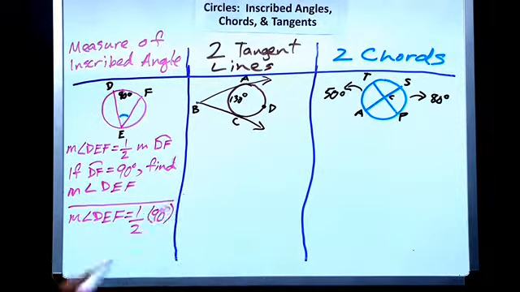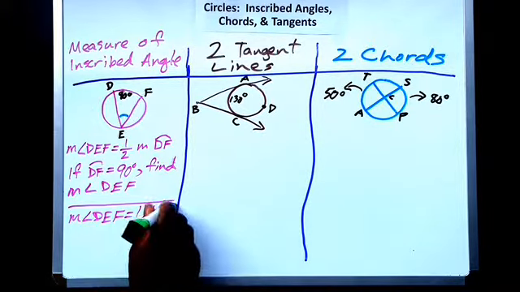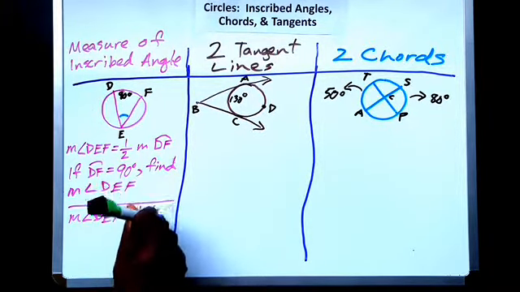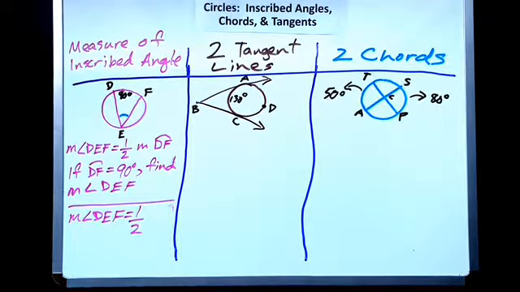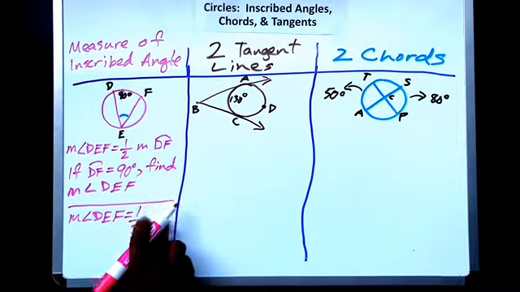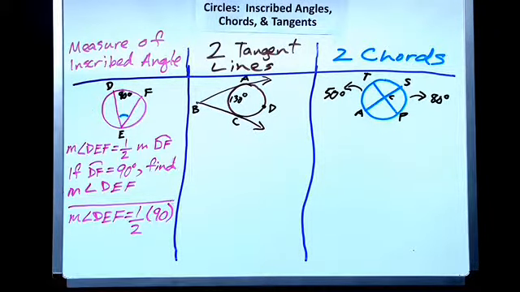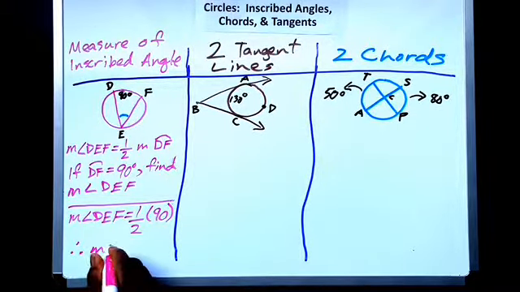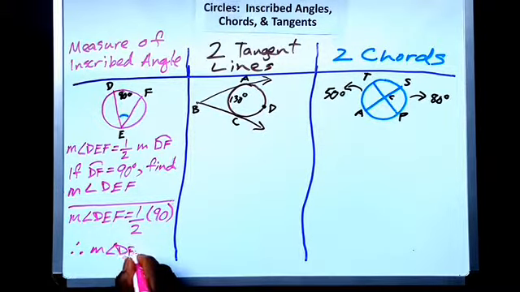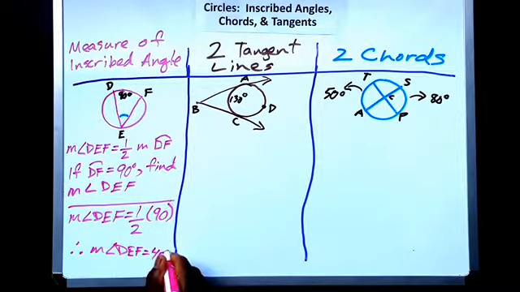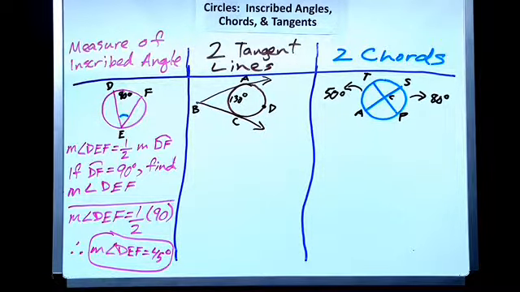Times 90 degrees. So in that case, we know that half of 90 is 45. Therefore, the measure of angle DEF equals 45 degrees. Very good.